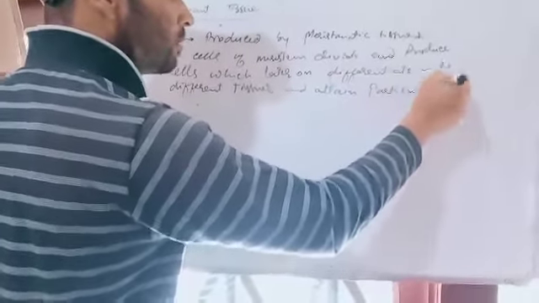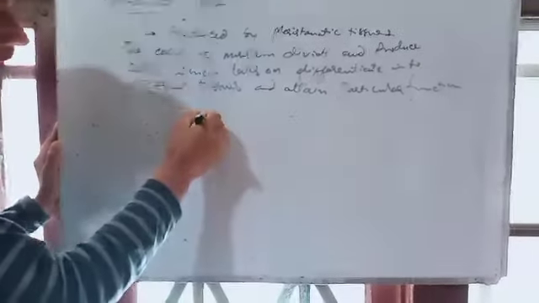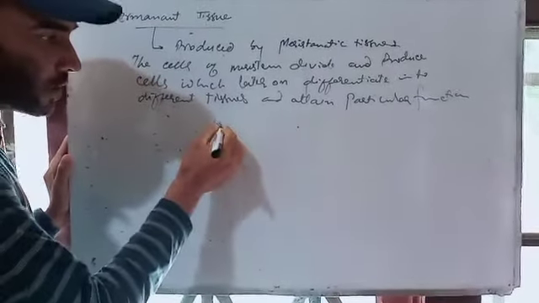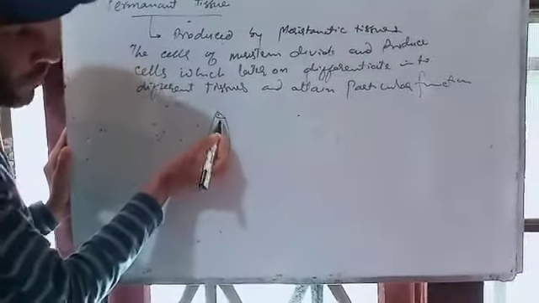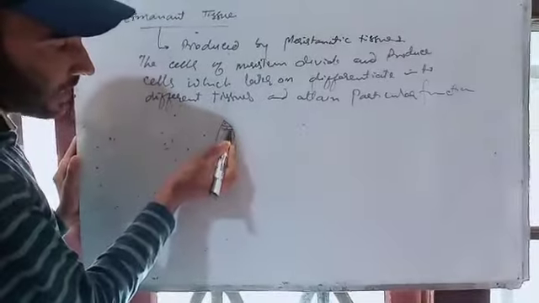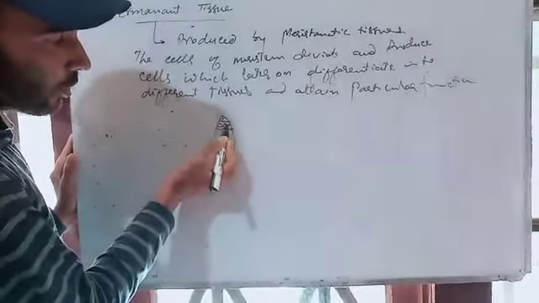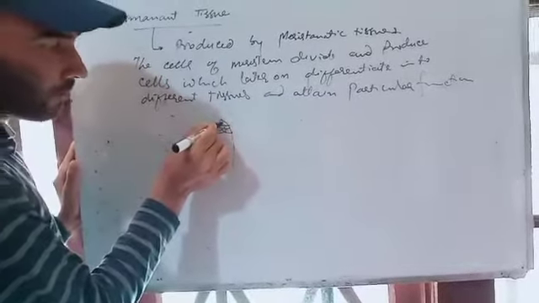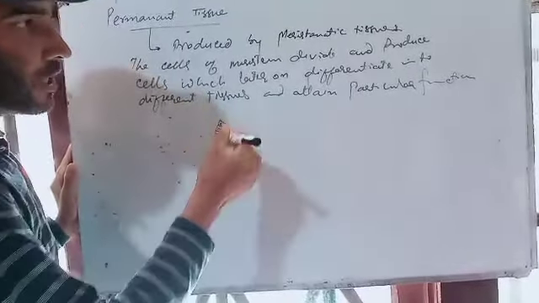It means that when the meristematic tissues, for example the tissues of the apical meristem, divide, they produce a lot of cells towards the lower side, and these newly originated cells get differentiated.